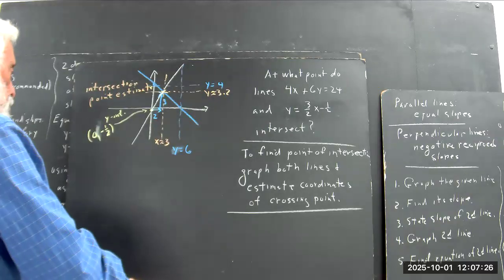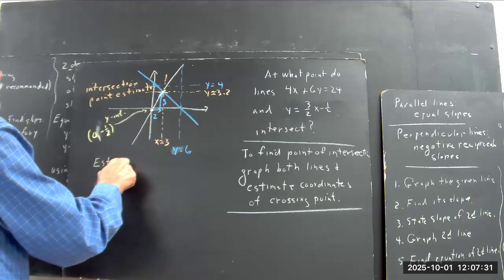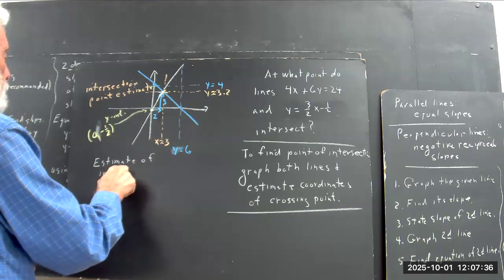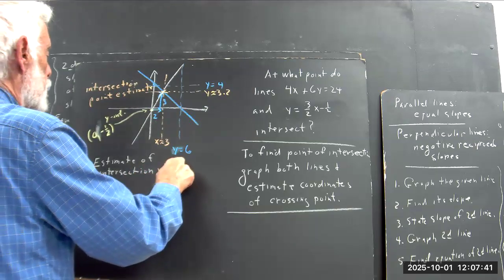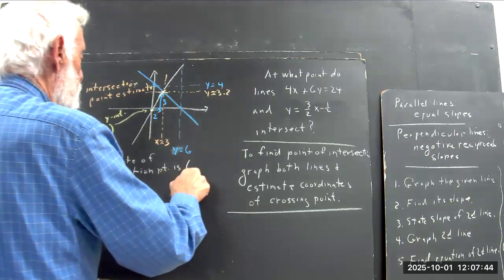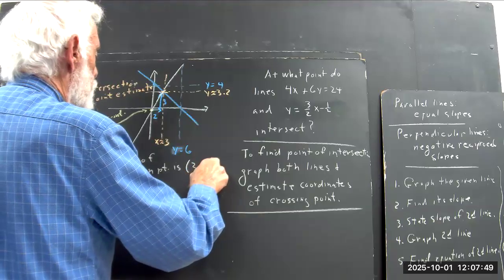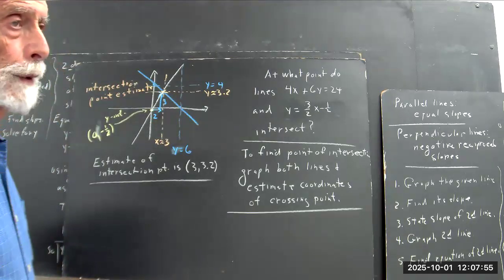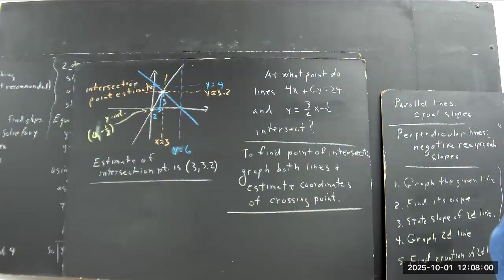So the estimated intersection point is (3, 3.2). Now, we don't expect that this is really the intersection point because I'm using a hand-drawn graph and I wasn't being all that careful.